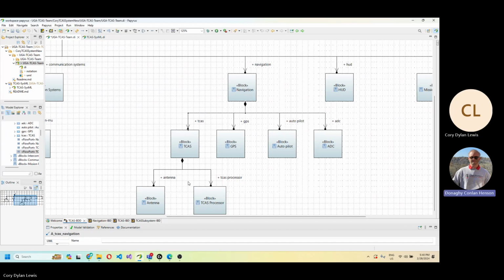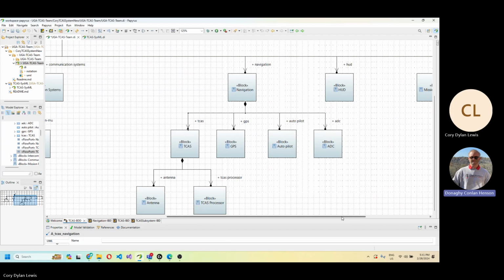And from there, these are the lowest level system components, and it'll make more sense of the connections in the IBD diagram, where the lower level system components connect. So the second subsystem in the navigation subsystem is the GPS, and the third is the autopilot subsystem. The fourth component within the navigation subsystem is the air data computer.